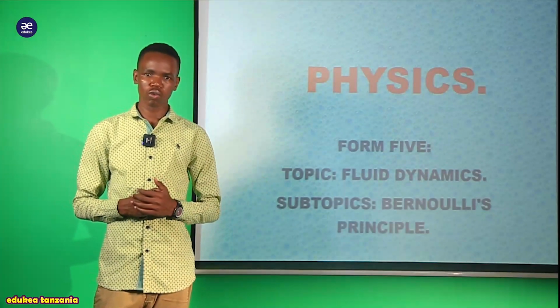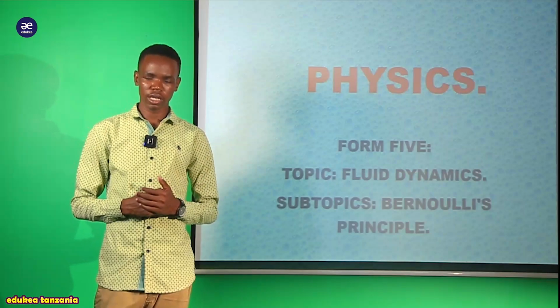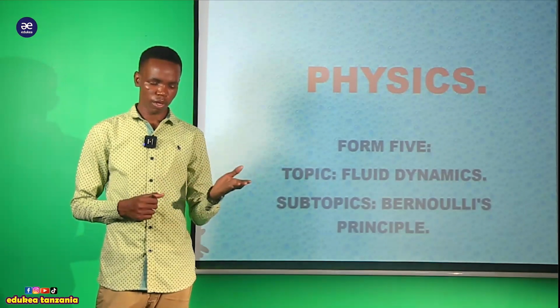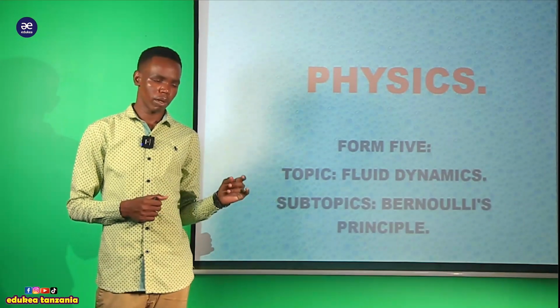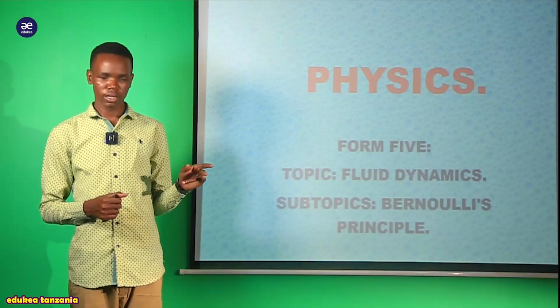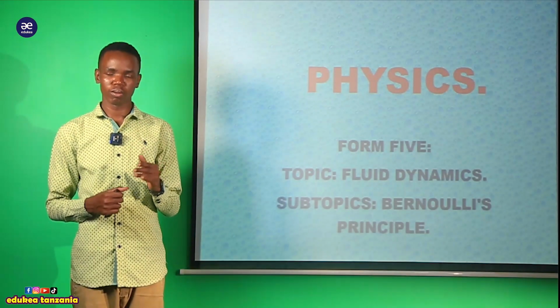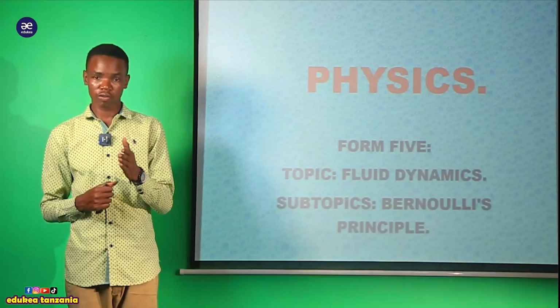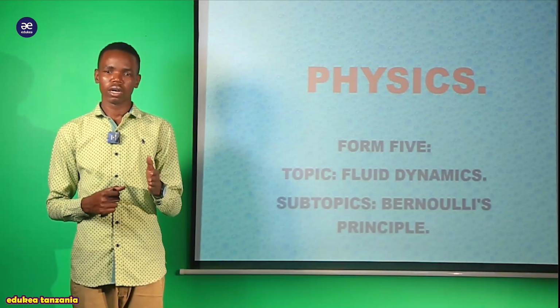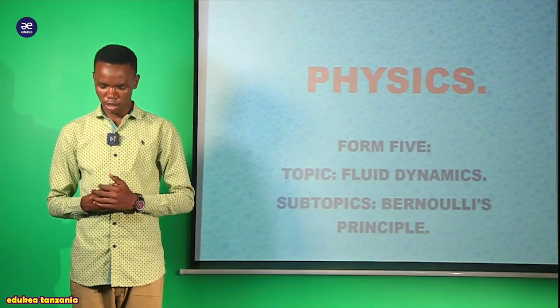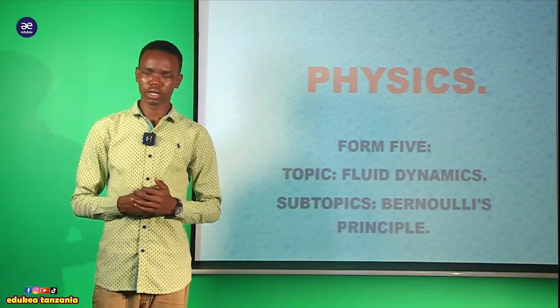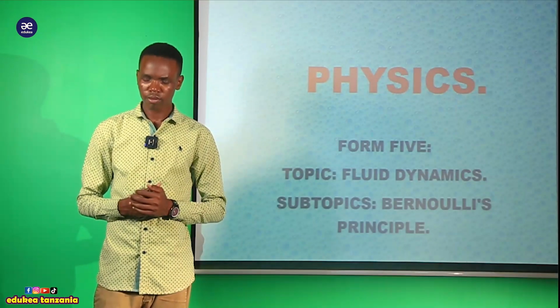We looked at different methods and applications. One of them was the venturi meter, an instrument used to measure fluids like water and oil. That is where we ended the last session.